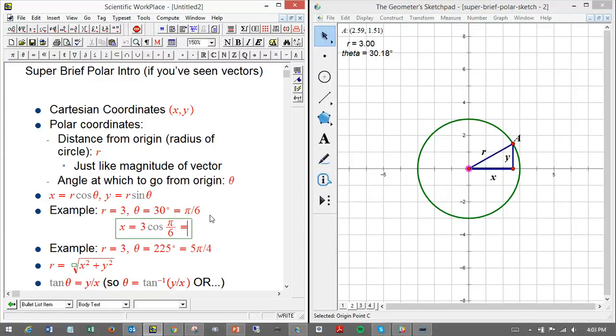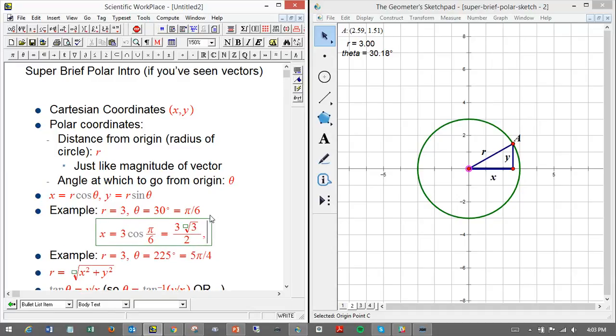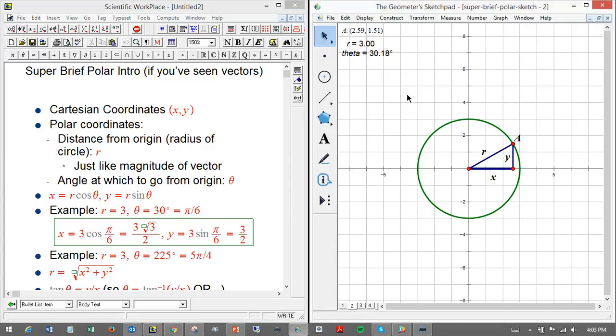And that's just going to be 3 root 3 over 2. And y is going to be 3 sine pi over 6, which is 3 halves. And if you calculate 3 root 3 over 2, it is about 2.59, and 3 halves, of course, is 1.5. It's a little off in that decimal place because this was a little off too. But it's the same idea.